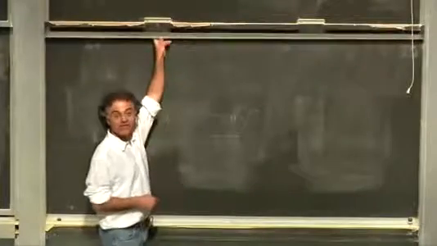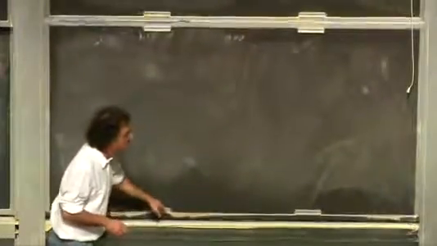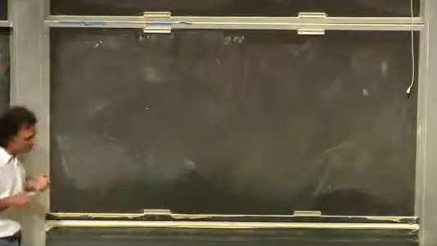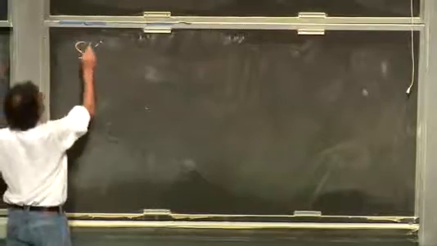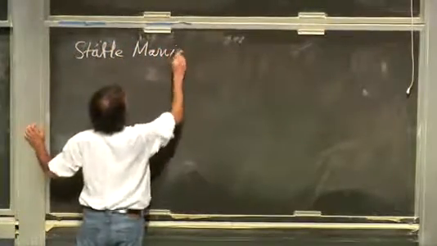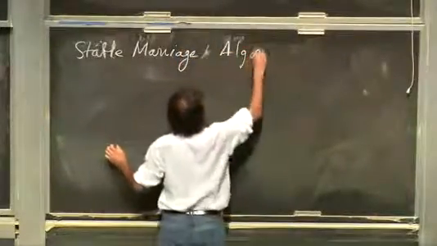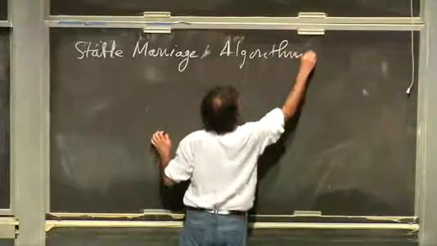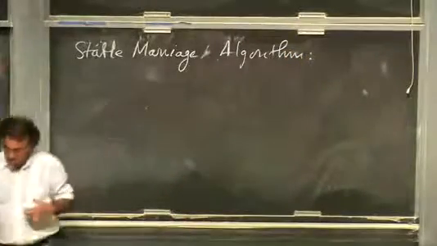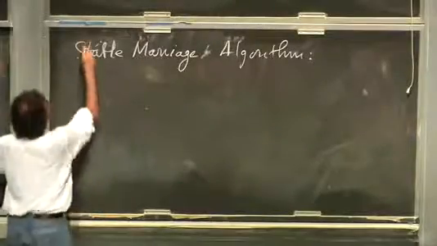What we'll do today is study a particular algorithm for this problem, which we could call either the stable marriage algorithm or, for reasons you'll soon see, some people call it the traditional marriage algorithm.